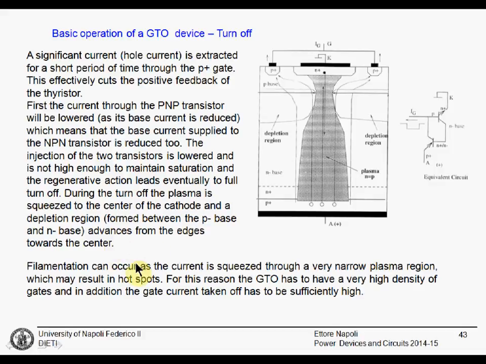Filamentation means that if the current is more or less the same, these regions can heat up, with the well-known thermal instability problems of the GTO. In order to prevent this effect, we need to have a very high density of gates and cathode contacts in order to prevent the presence of wide filaments that will stay there for a long time.